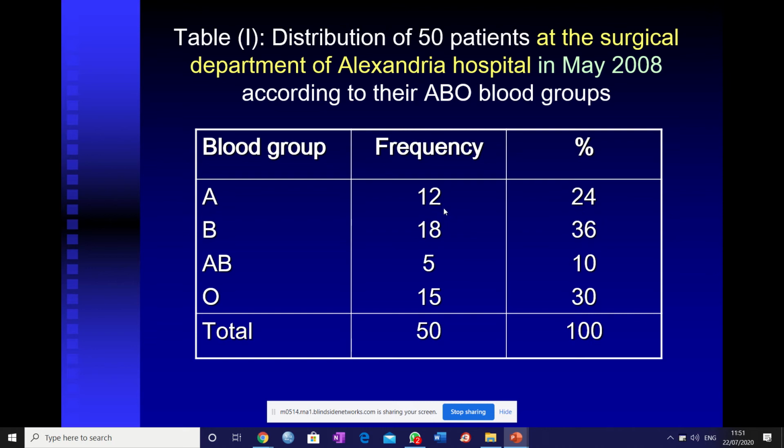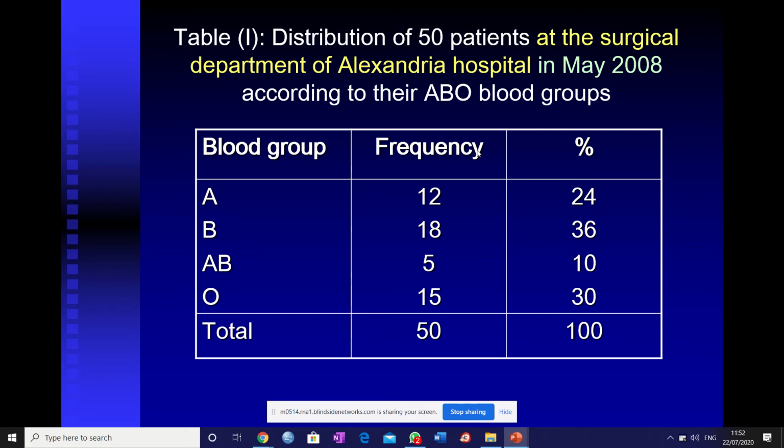What is this 18? This 18 is out of 50. If it is 18 out of 50, its percentage is 36. So when we express it as a percentage, we mean out of 100. Out of 100 is 36. Okay, the blood group AB, there are 5 people from blood group AB.